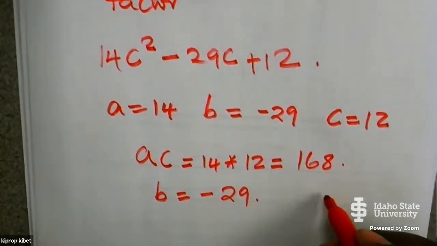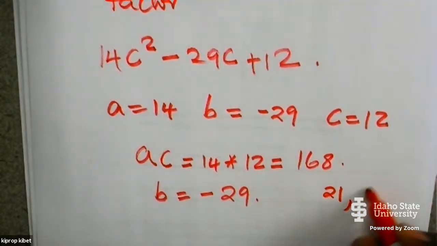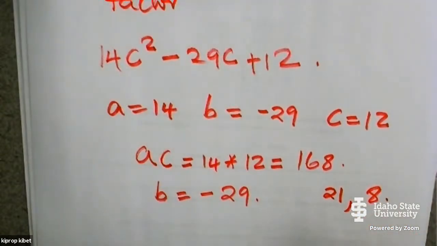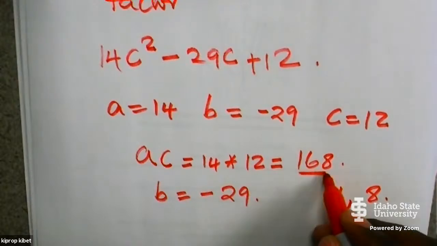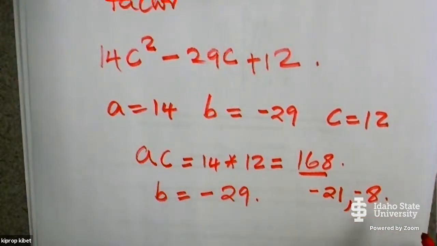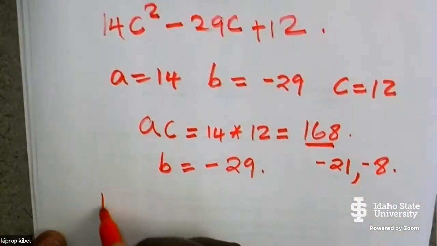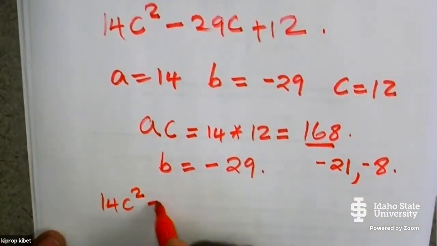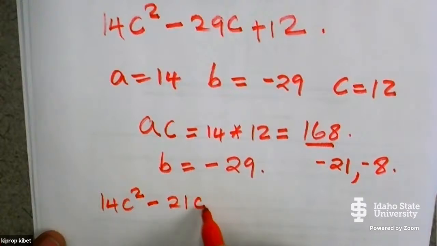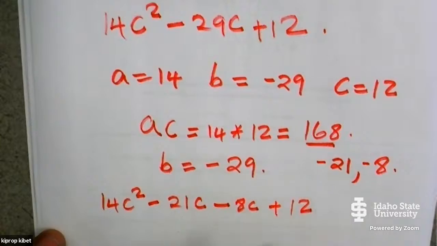So we take 21 and 8. This one is positive, so that means both of them are negative. So 14c squared minus 21c minus 8c plus 12.